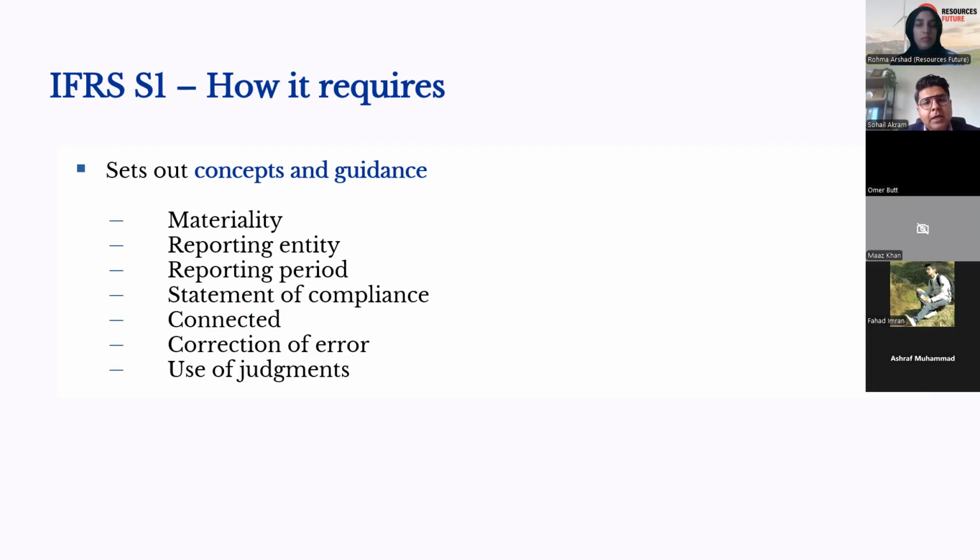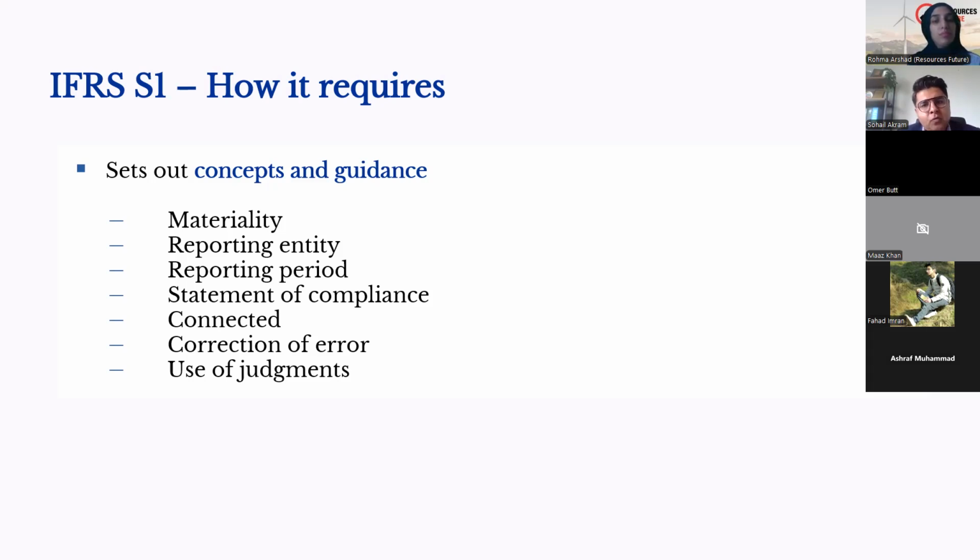So an entity shall disclose material information about sustainability-related risks and opportunities. And that material information should be presented in their reports, and the information that is considered material would be based on the judgment of the management, and the guidance provided with the standard is whether its omission is going to impact the users of the sustainability report.